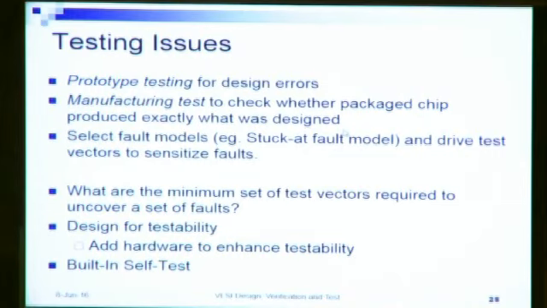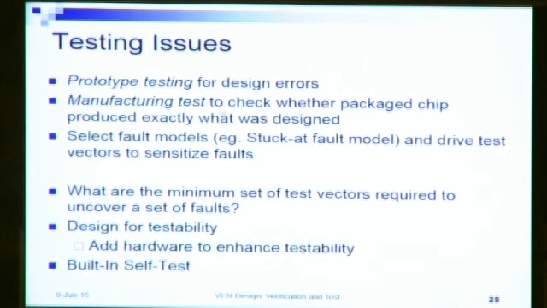And manufacturing test is to check whether the packaged chip produced exactly what was designed. After the mass fabrication that we have, we might incorporate errors in the design, right? The percentage of correct chips with respect to the total number of chips manufactured is typically referred to as the yield.